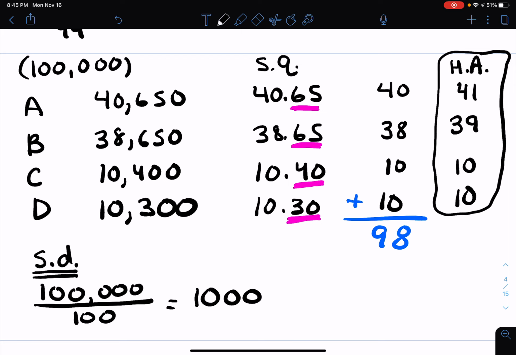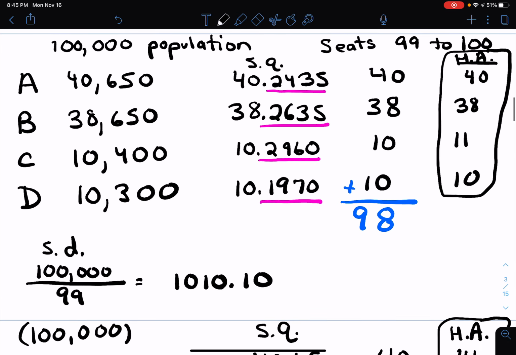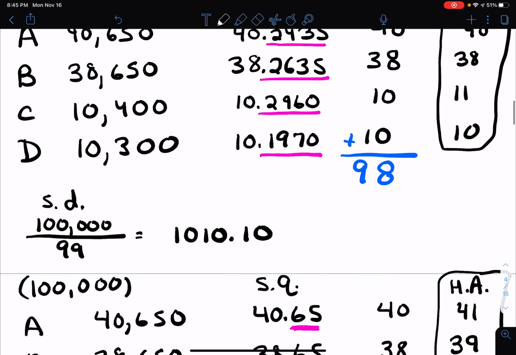So with this additional seat, if we're going from 99 to 100, this would be your state's apportionments by Hamilton's apportionment. But let's compare. What happened here? Ooh, interesting. Hopefully I don't make you too dizzy going back and forth. State A went from 40 to 41, which, you gain a seat.